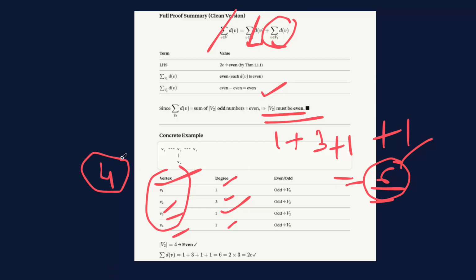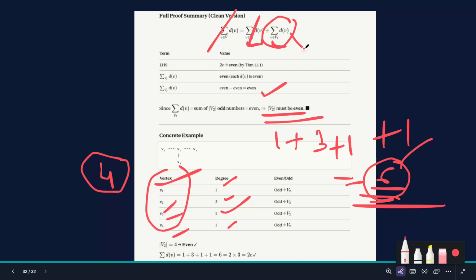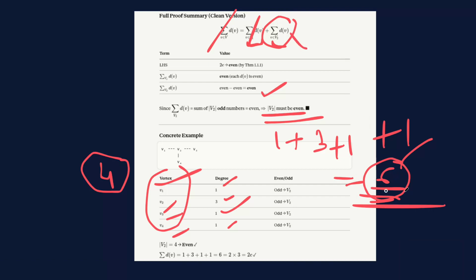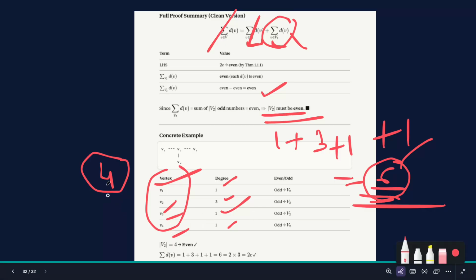Here 4 is an even number. When I have 4 vertices with odd degree, their sum I get as even. When did I get this sum even? When my number of vertices is even.